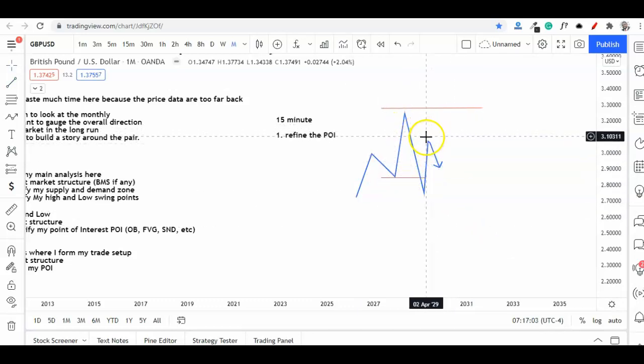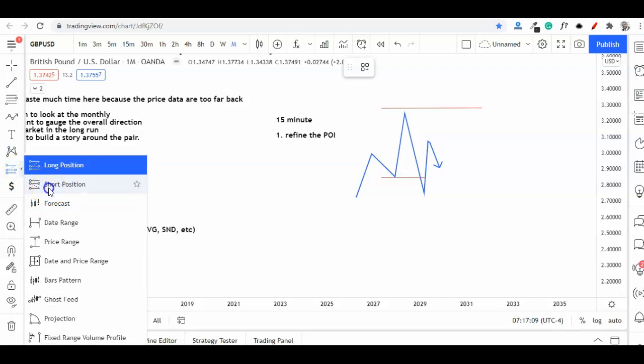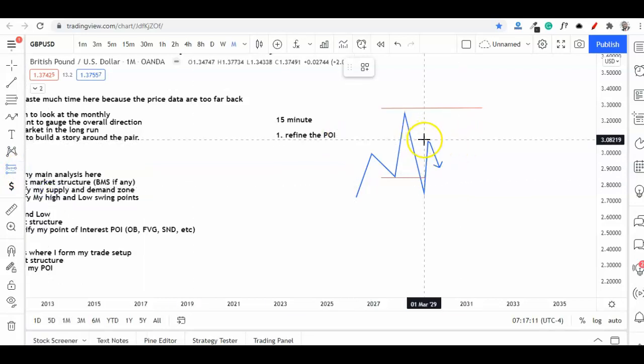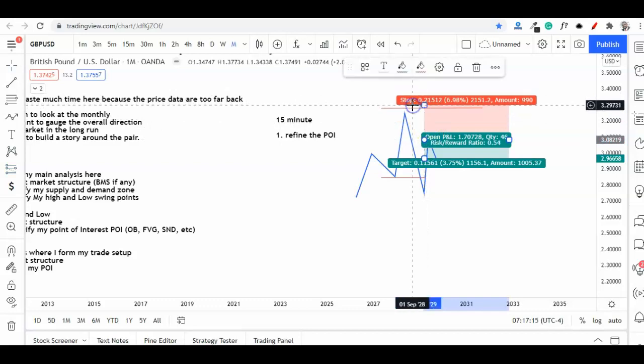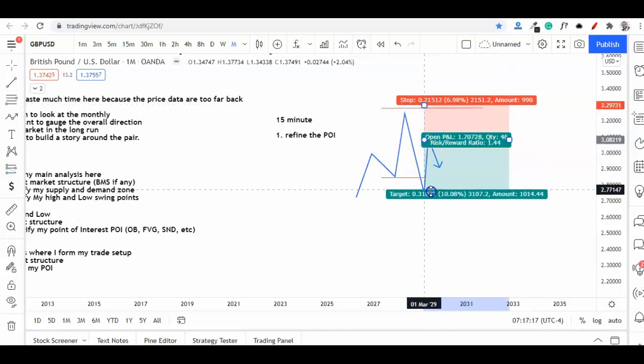So I can take a trade here and then place my stop loss above. I can take my trade here, if there's any reason to do that, then I place my stop loss above.